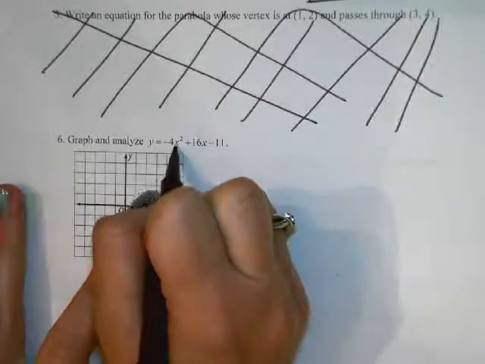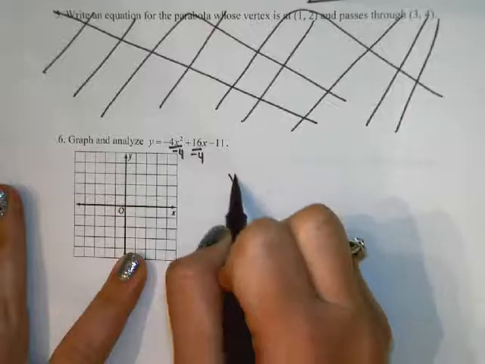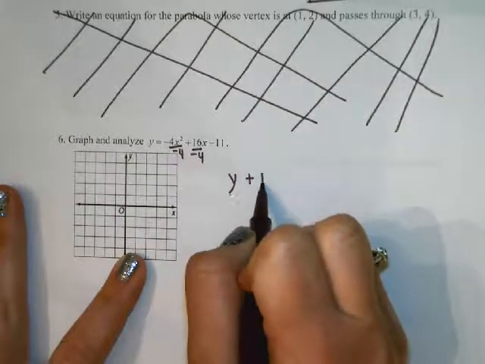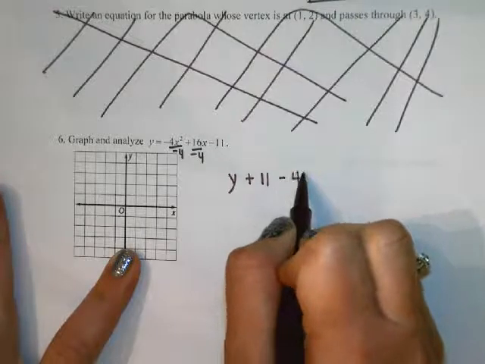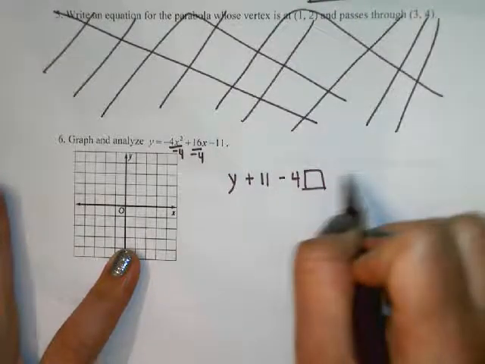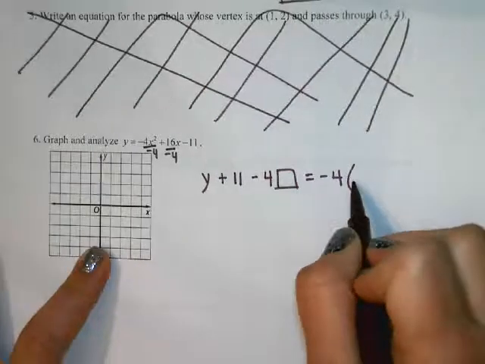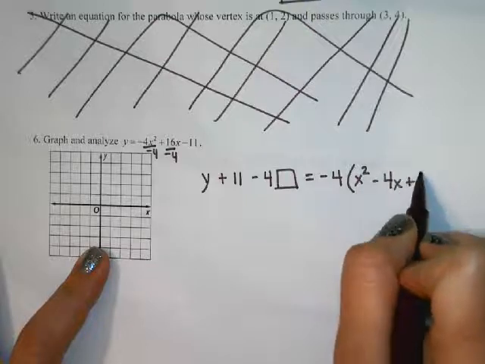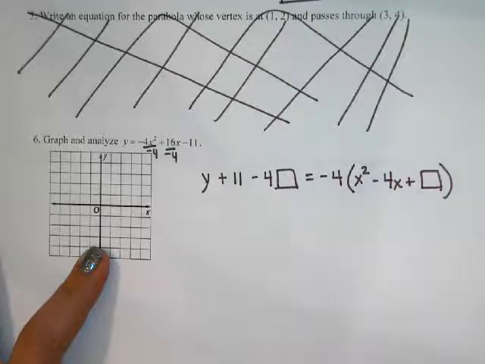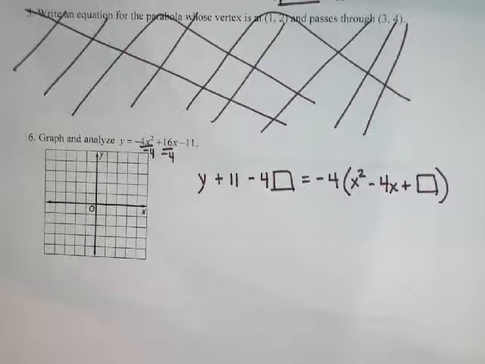You only divide him out of these two right here. All right, so I'm going to move my 11 over. So I have y plus 11. And then I have a -4, and I'm going to add in my box because I have -4 times x squared minus 4x plus my box. All right, make sure you understand where all of those numbers are coming from before I go any further.